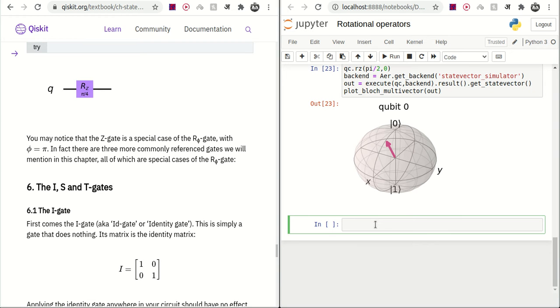So now we'll study some other gates which are actually special cases of this rotational gate.